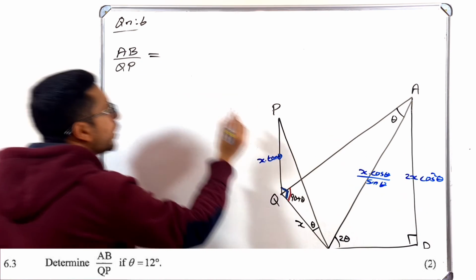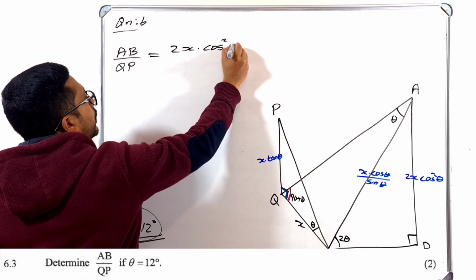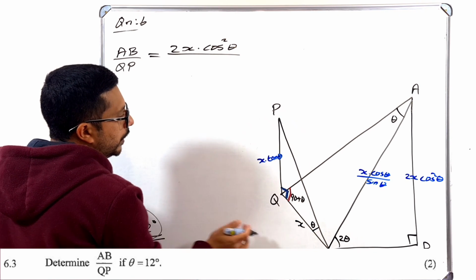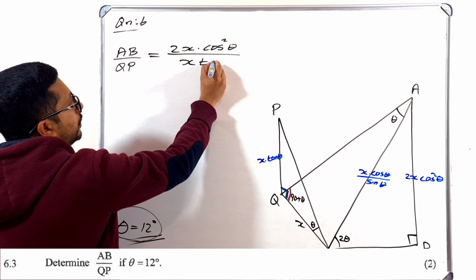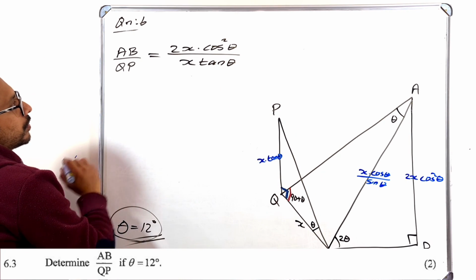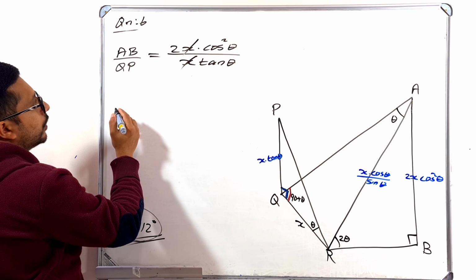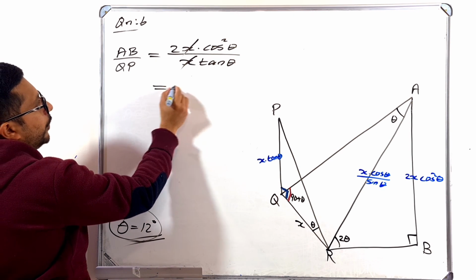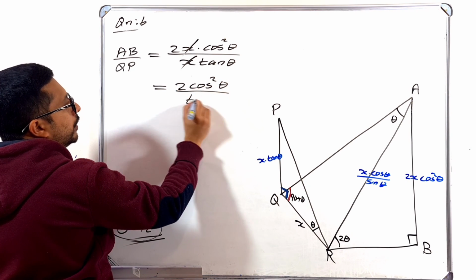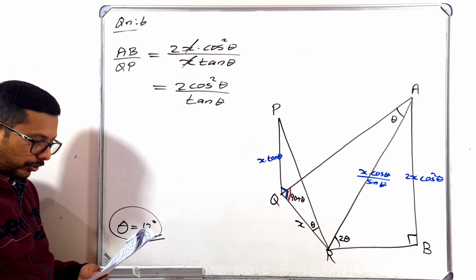AB we got as 2x cos square theta, divided by QP, x tan theta. Now this x and x cancel. So what remains is 2 cos square theta divided by tan theta. It is given in the question that theta is 12 degrees.